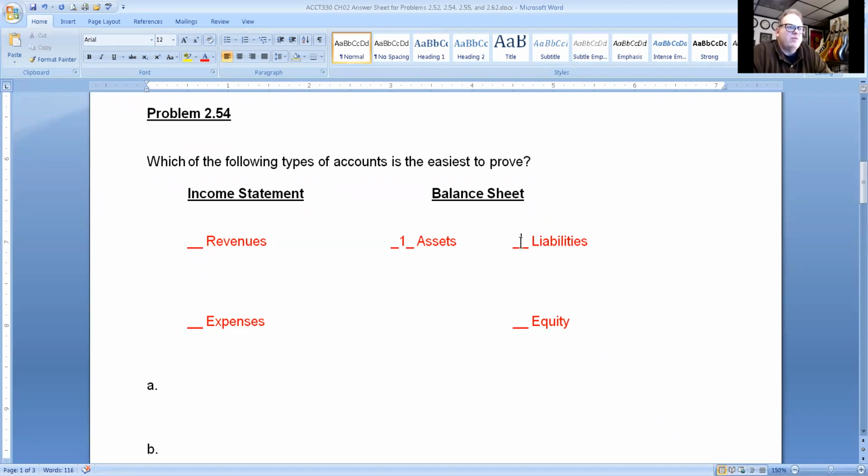And then next we move over to liabilities. So we start with the assets usually, then go to the liabilities. Now, if we can prove right or wrong whether these are materially misstated or not, if we can do that for these 2, so we can verify that this is not materially misstated and that this is not materially misstated, what does that tell you about equity?